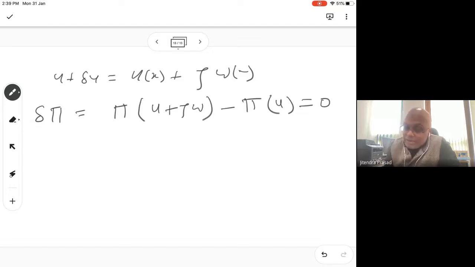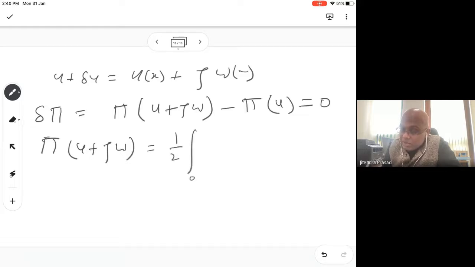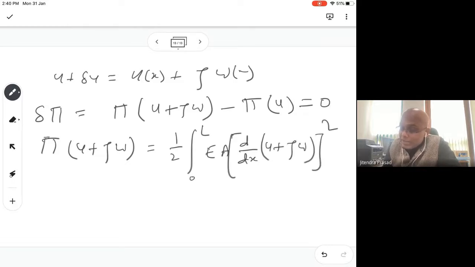This one we want to do. That means first we can find pi of u plus zeta w, which is equal to half integral 0 to L of EA times d over dx, squared, of u plus zeta w, dx.